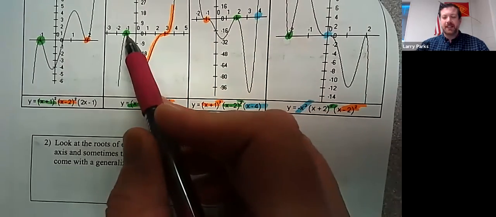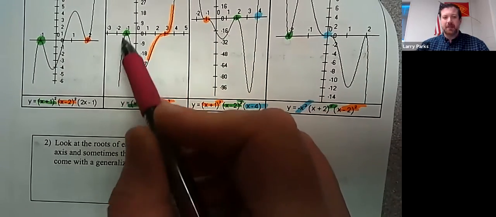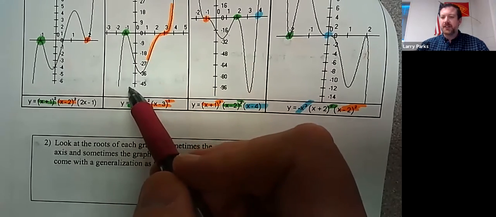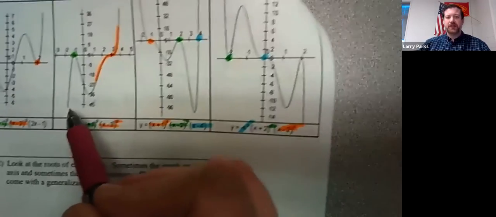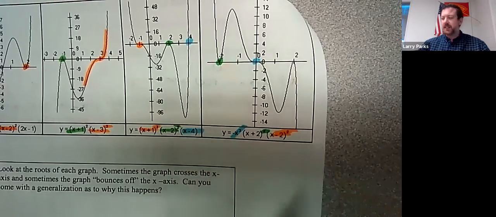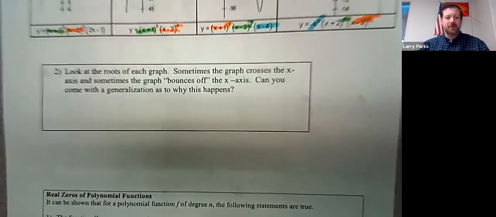And if it has an even multiplicity, it does a bounce. And if it has to the 1st degree multiplicity, that's when it just goes straight through the graph, like right here. Okay, so that's really what I want you guys to make sure you understand.